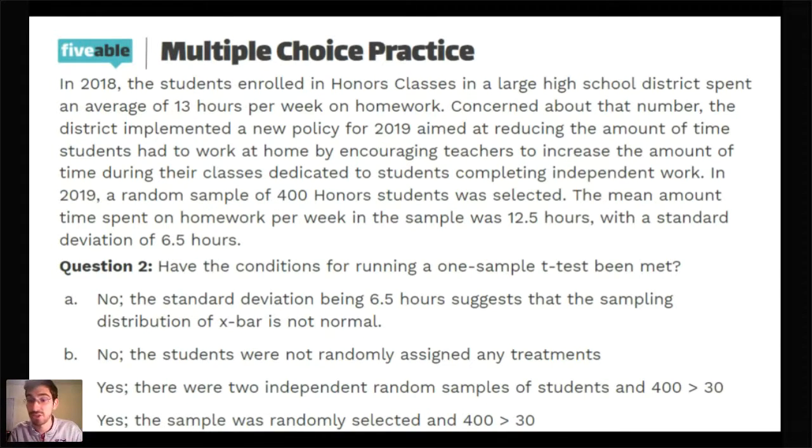So the answer to this is actually going to be D as in dog, as opposed to C as in cat. Yes, we're good. The sample was randomly selected, and 400 is greater than 30. So random, check. Approximately normal sampling distribution, check, because the sample size is large enough. I saw a couple people use the 10% condition.